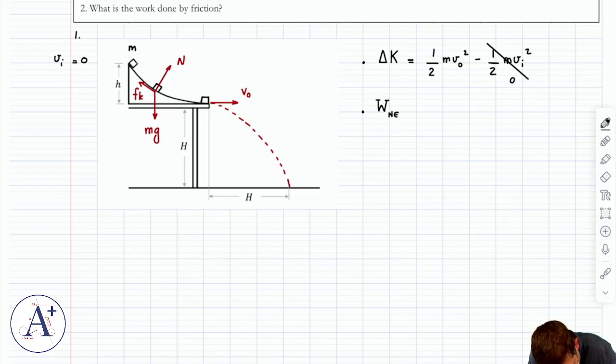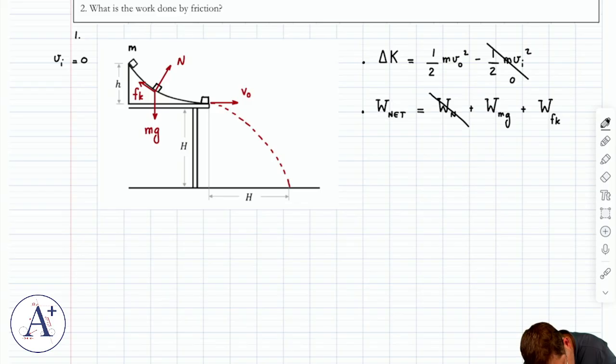What's the net work? Well, I have three forces acting on the object. I have the normal force, the weight force, and kinetic friction. It's going to be the work done by the normal plus the work done by the weight force plus the work done by Fk.